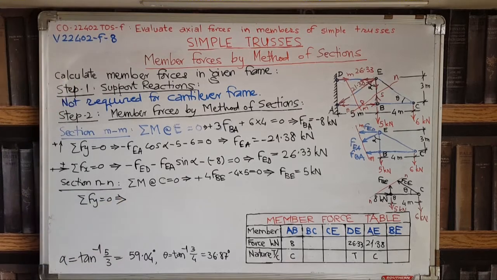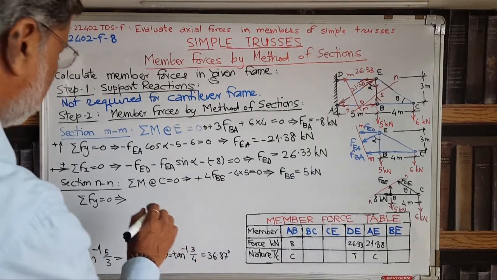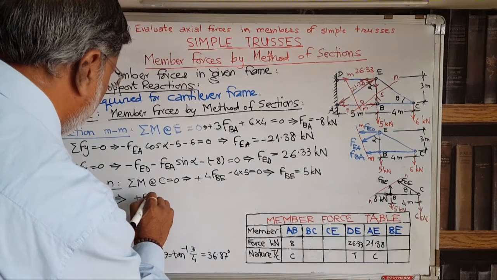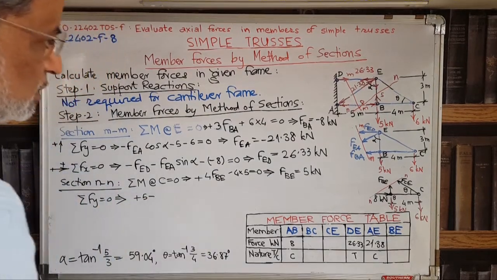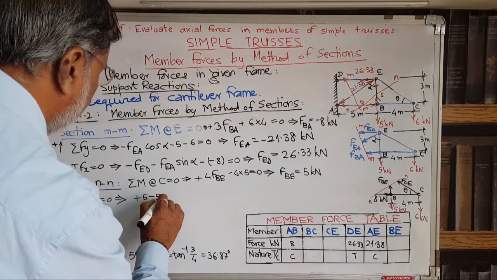So this condition, again we have to look at all the 5 forces and apply condition sigma Fy equal to 0. FBE is upwards, plus 5. Then this 5 kilonewton force itself again, so it is minus 5.